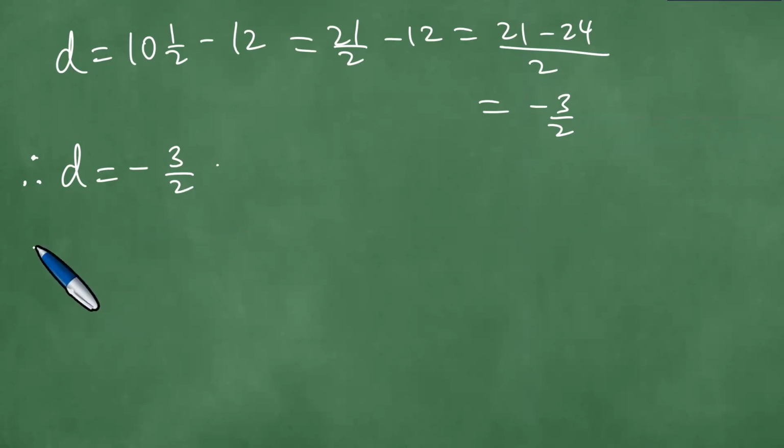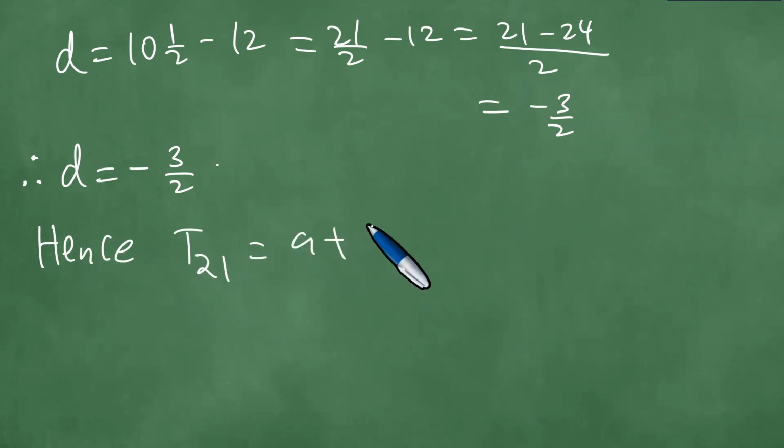Right. Hence, the 21st term, we saw, is a plus 20d. We just got that one.